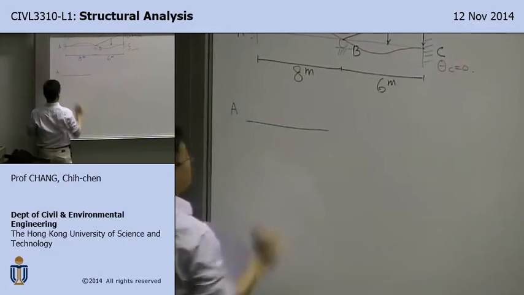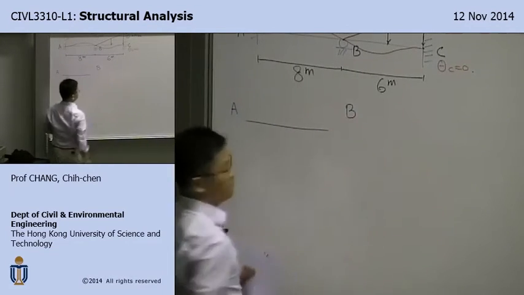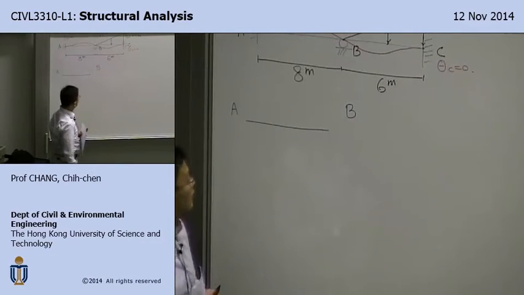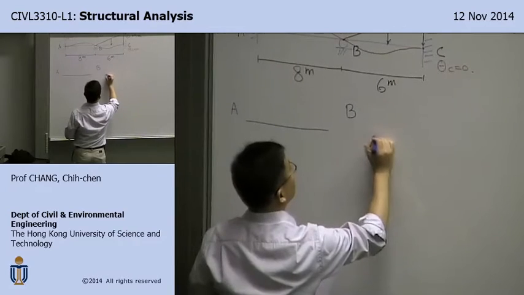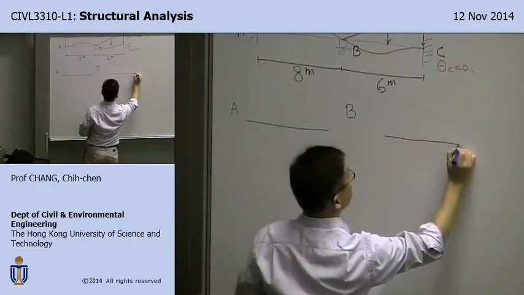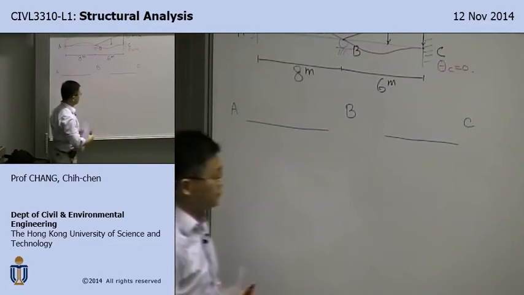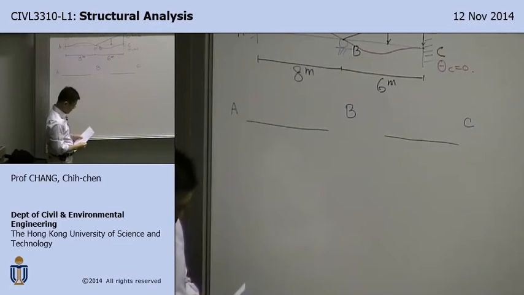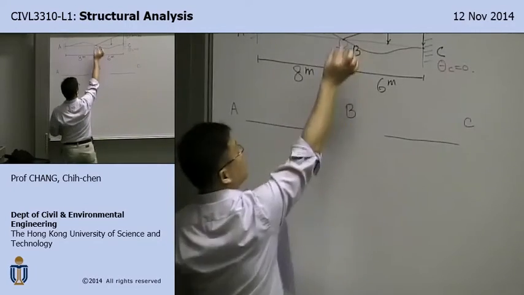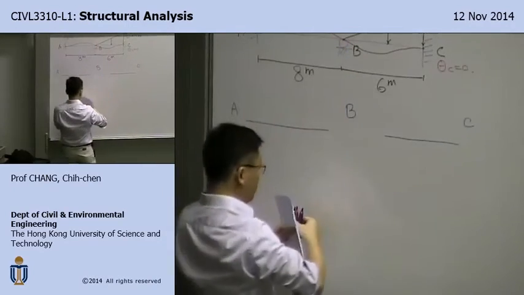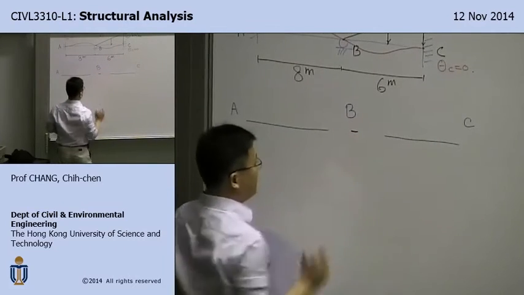This is node A. This is node B. And I also take this out: node B and node C. So they're connecting at node B. So I'm trying to zoom in at node B. There, here's the B.